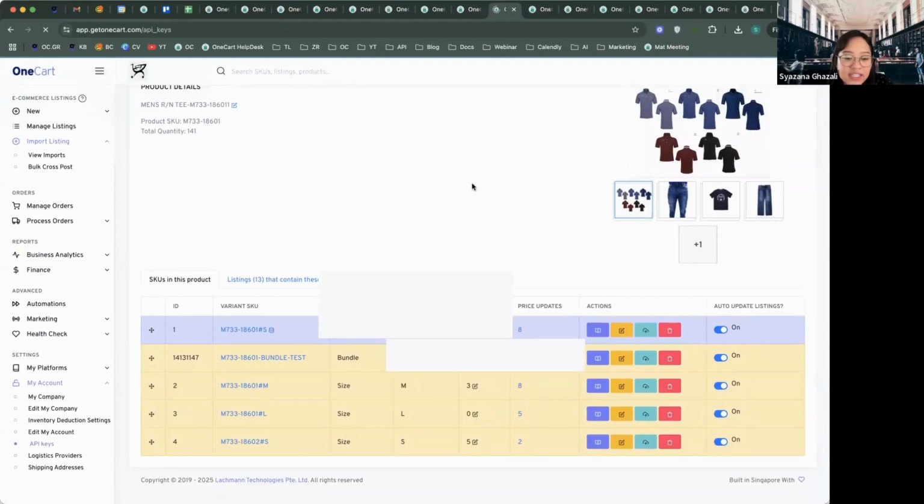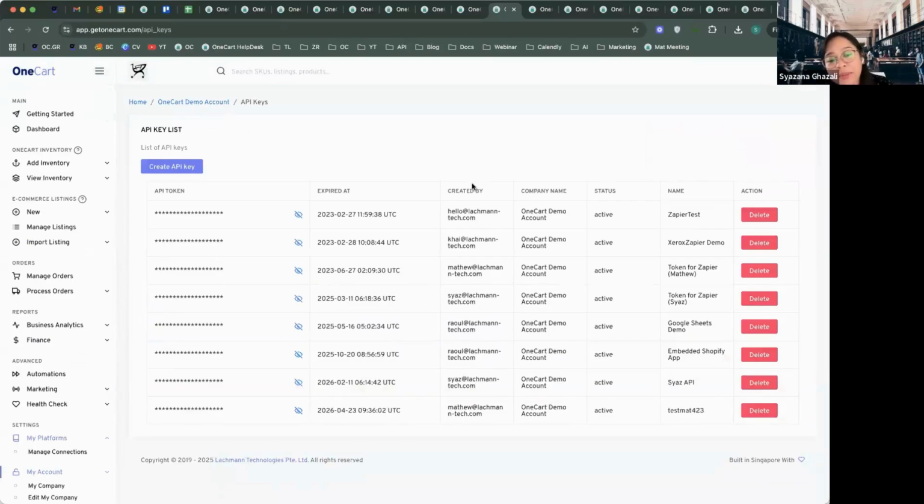We will work hand in hand with your ERP or WMS system guys, and then the tech team will be able to advise on the necessary information that you need to pull from OneCart, and we can send you OneCart's API endpoints as well, and what they require from OneCart basically. But if you are using an ERP or WMS system, don't worry, OneCart works very well with it.